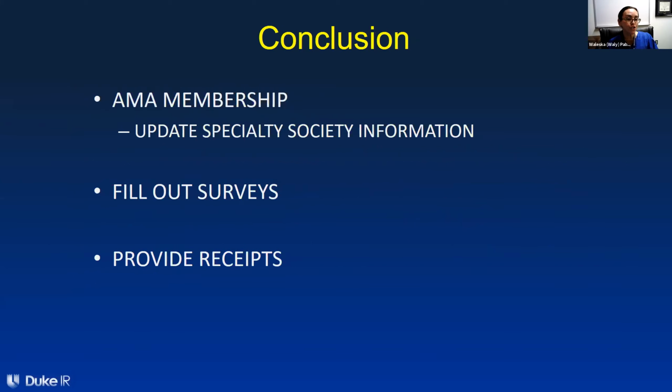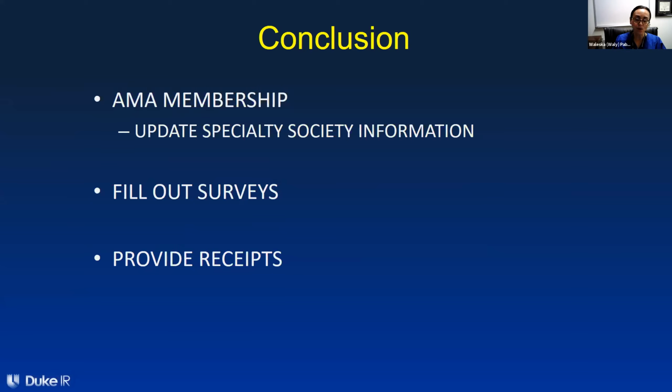So in conclusion, if you're not an AMA member, become an AMA member. Specialty, when you're reaching the time to become an attending, make sure you select the specialty society that you feel represents you best, which in the case of this audience, I would hope would be the Society of Interventional Radiology. And if once you're an attending, you receive an email asking you to fill out a survey, please fill out the survey.